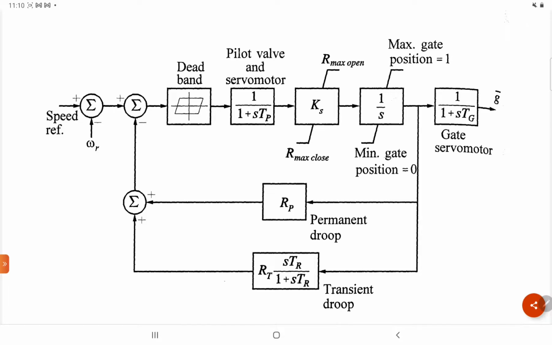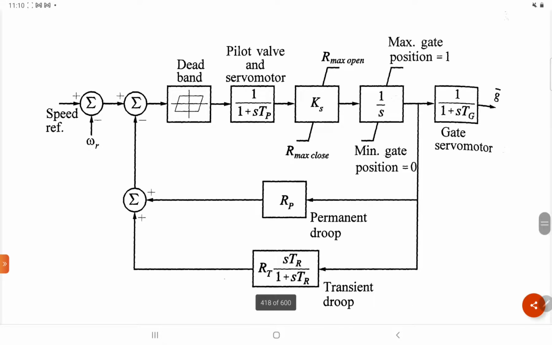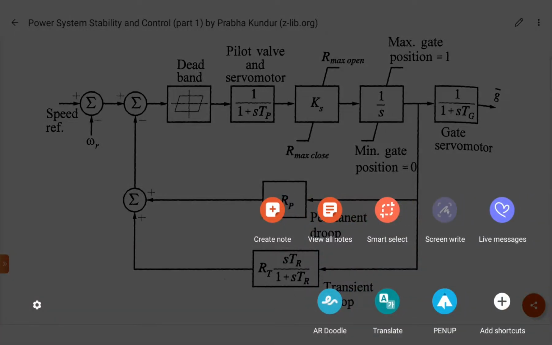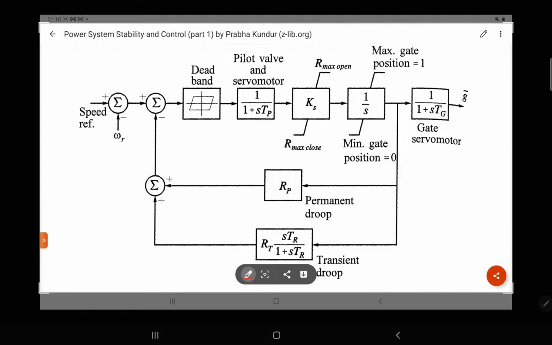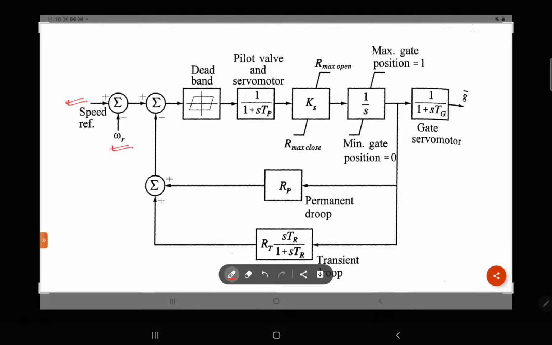Here in this block diagram representation, we have taken the reference speed. Okay, omega r is the actual speed of the rotor rotating, and the difference of that is going on there.